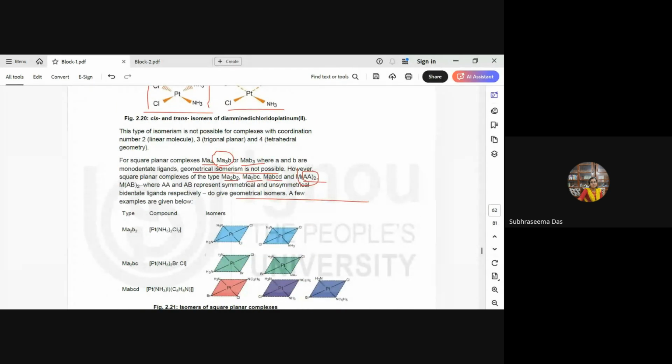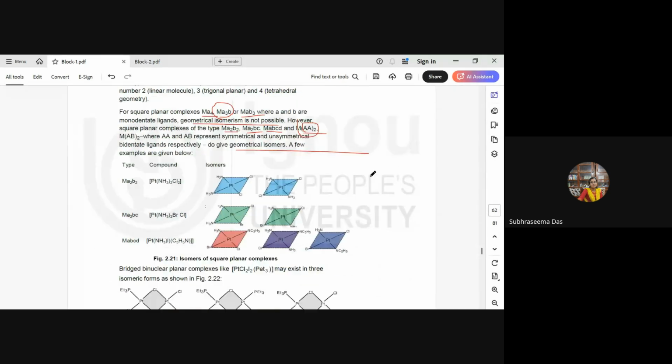To understand this, a few examples have been shown here. When we take a square planar complex of the type MA2B2, like the example we discussed, platinum with two NH3 ligands and two Cl ligands, the possible isomers are called cis and trans.